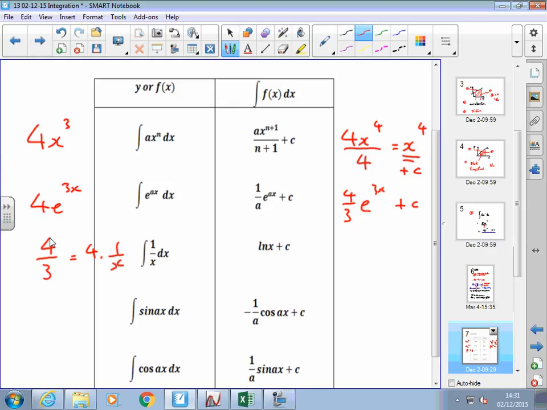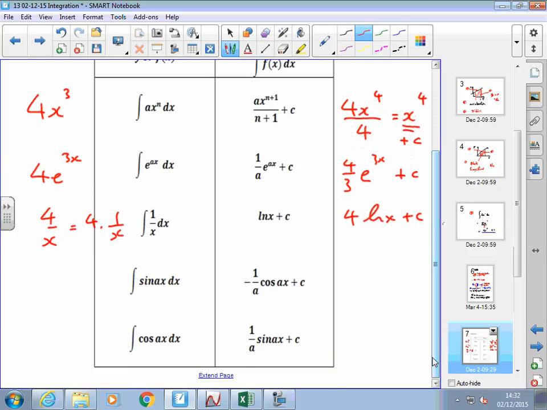Sorry, that should be 4 over x, not 4 over 3. We can think of 4 over x as 4 times 1 over x. So in other words, to integrate that, we ignore the 4 effectively, just leave that there. And what's the integral of 1 over x? Log x plus c. So the 4 just stays in front.